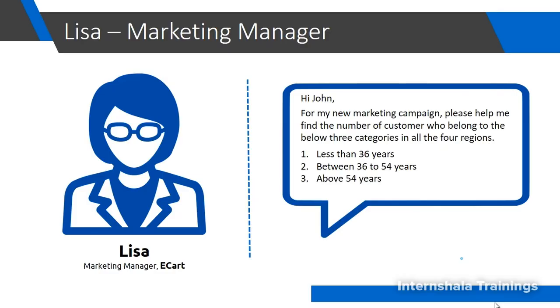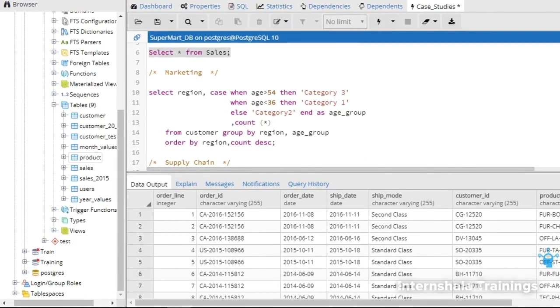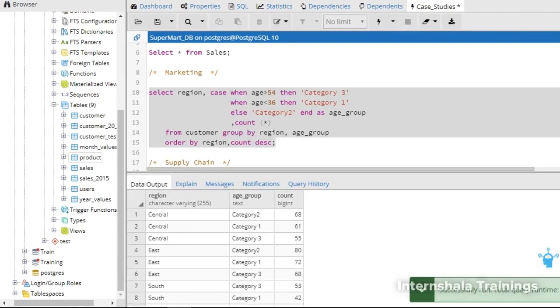Now the marketing manager is asking us to provide the number of customers belonging to the three age groups in all the four regions. To do this, I have this query written. If I run this query, I get the following result. You can see that in every region except South, category 2 has the maximum count.